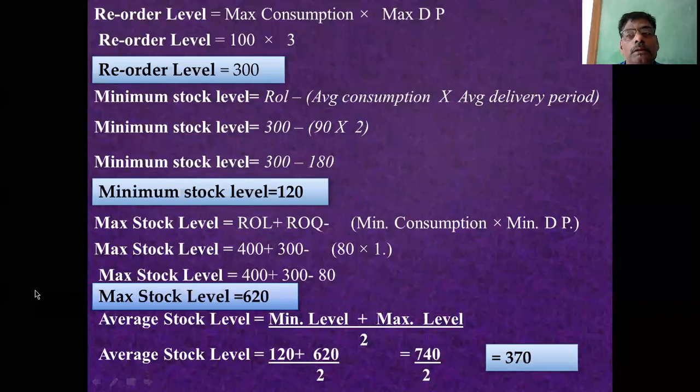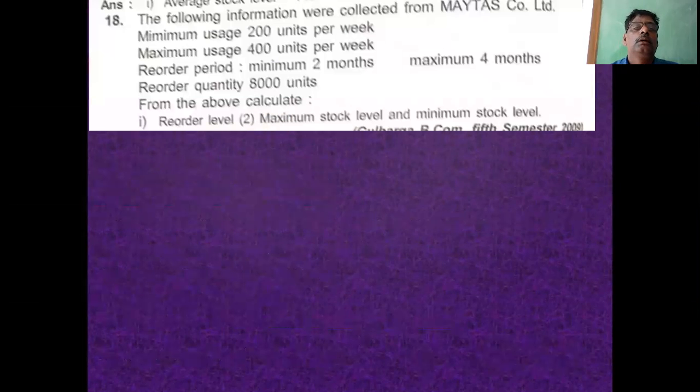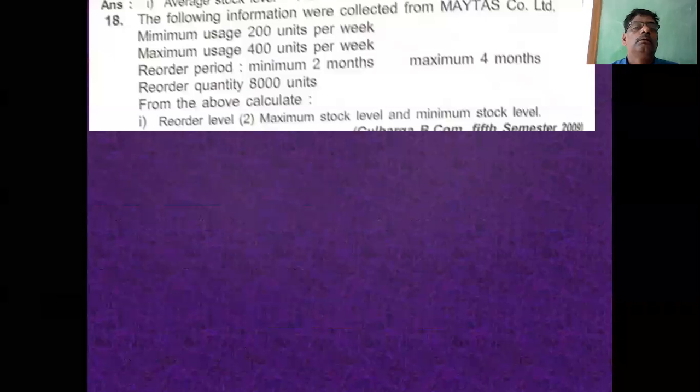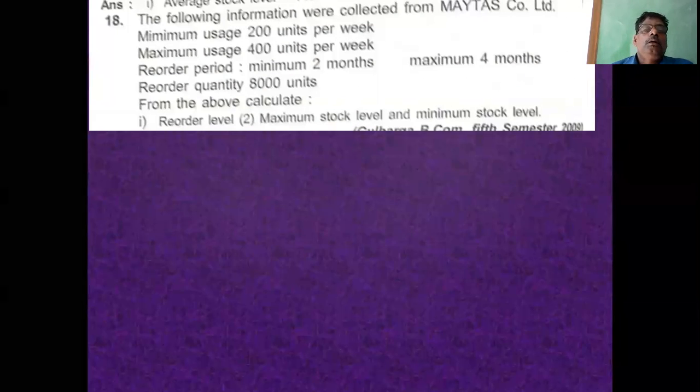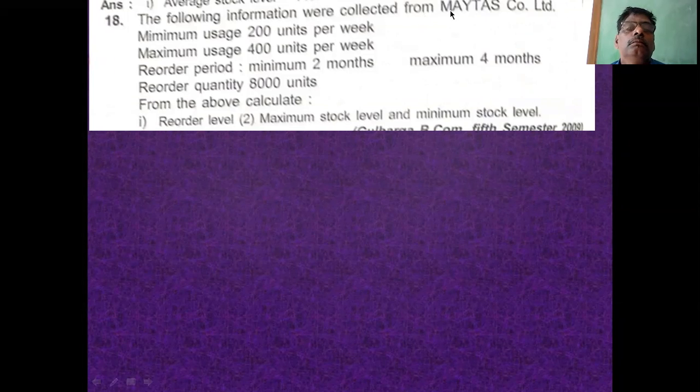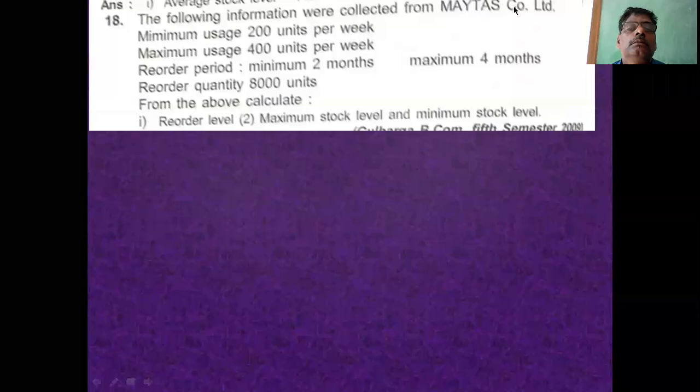Okay, this is the second example. One more example I'll take. You see this problem. In this problem, the following information was collected from Mathos Company Limited.